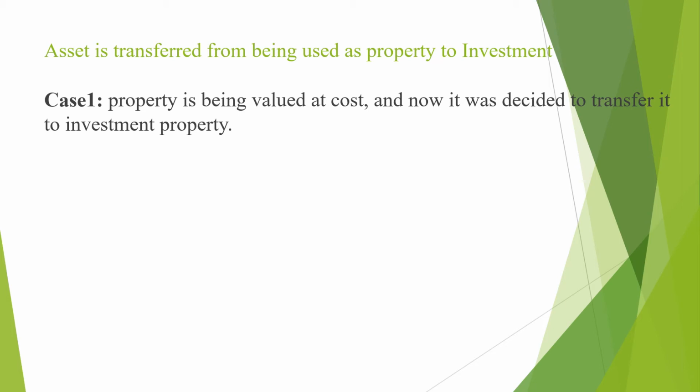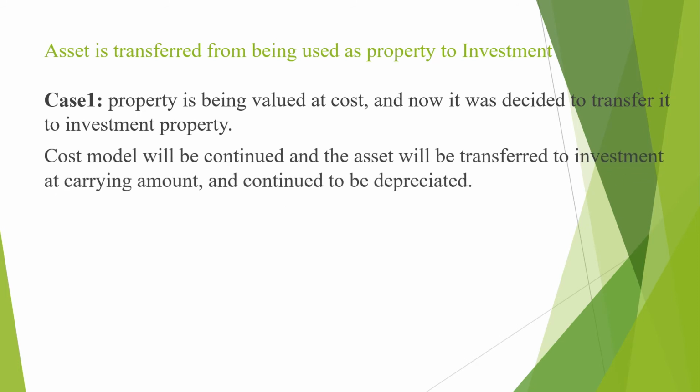The property is being valued at cost and it was now decided to transfer it to investment. Okay, so currently you are valuing the property at cost. It is under PPE IAS 16 and now you want to transfer it as investment property.